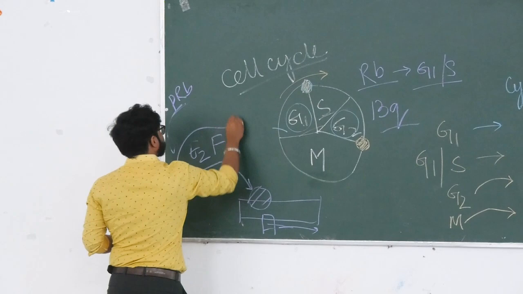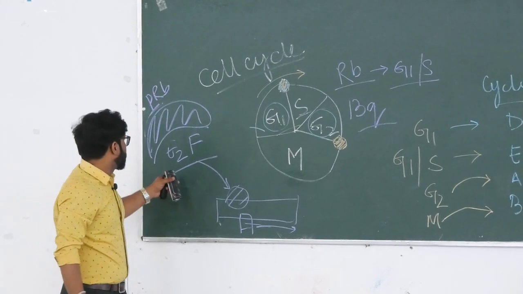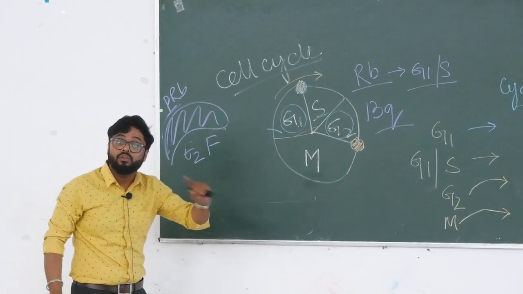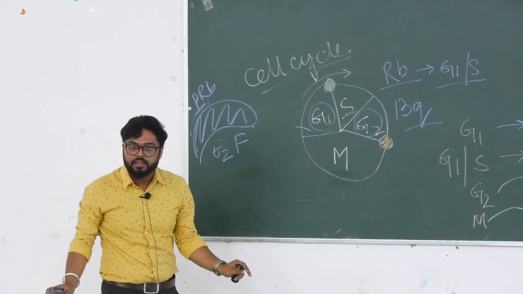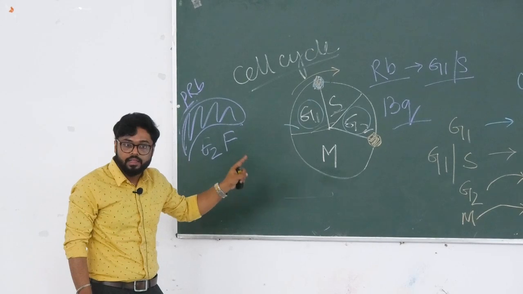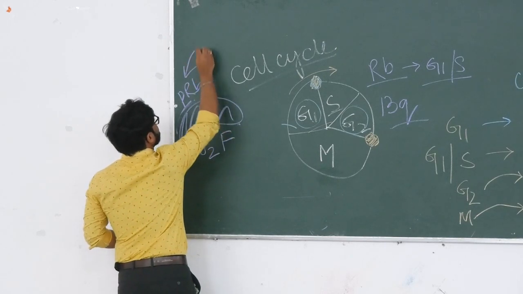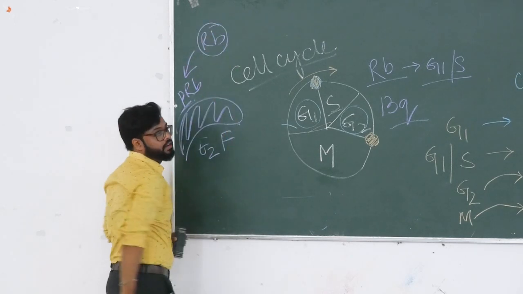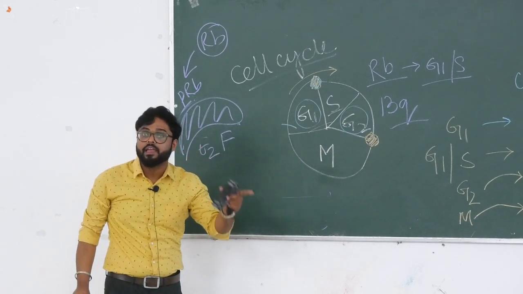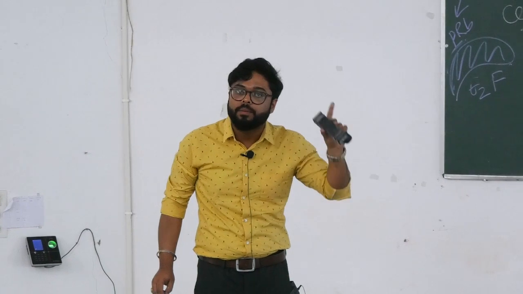But when it is bound with the retinoblastoma protein, they cannot bind, so there will be no transcription. So when the retinoblastoma protein is bound to the nuclear factor, the nuclear factor becomes inactive. When does it become active? When the retinoblastoma gene is in a hypophosphorylated state, it produces the retinoblastoma protein.